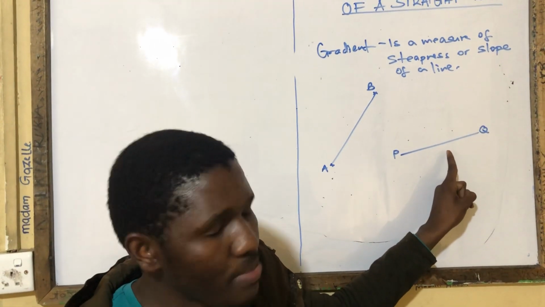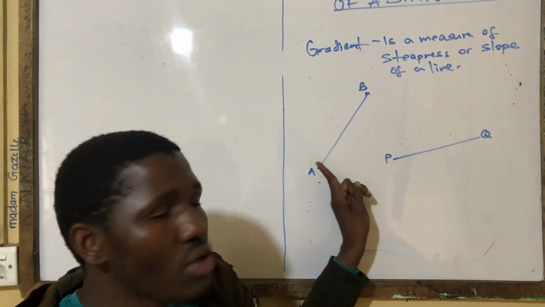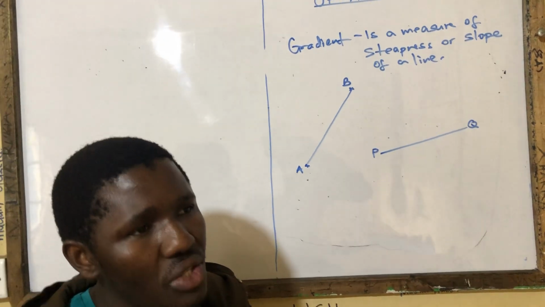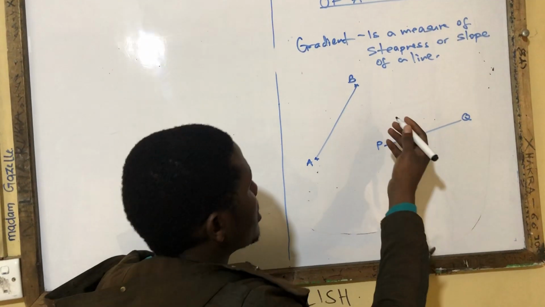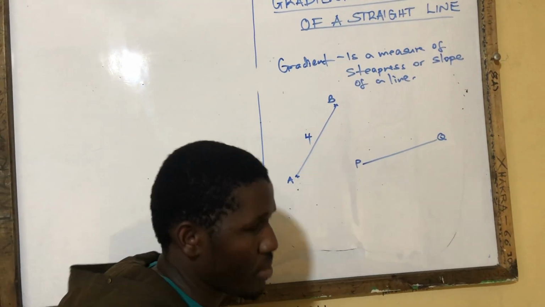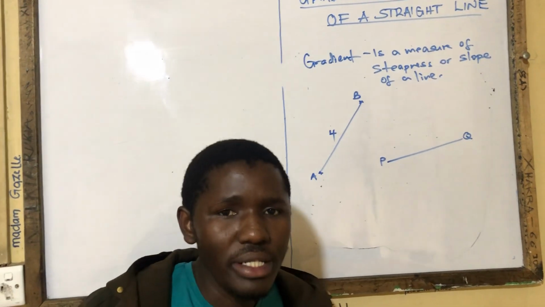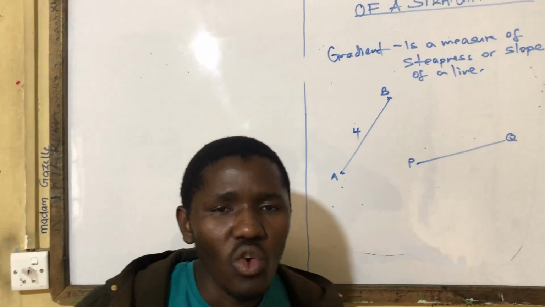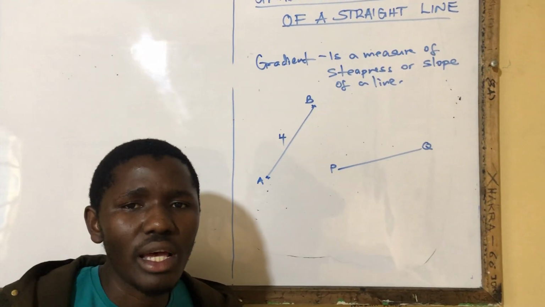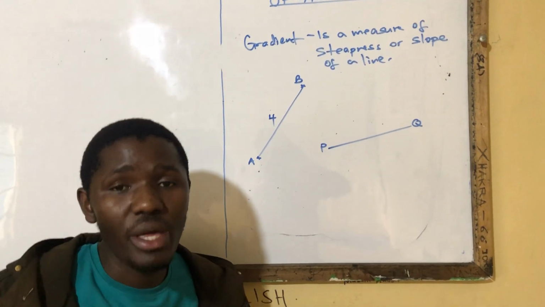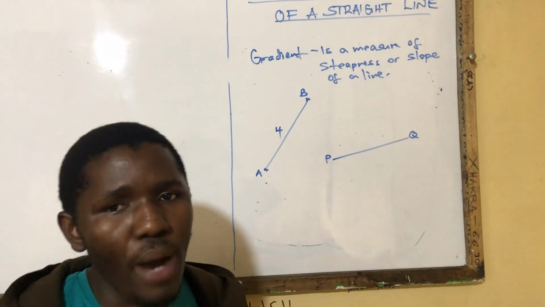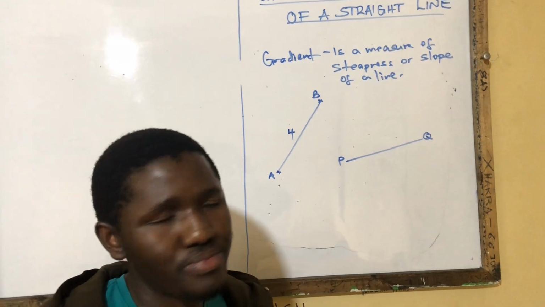For example, if the gradient of line AB is 4, then the gradient of the line PQ will be a smaller figure than 4. That's because line AB is steeper than line PQ.